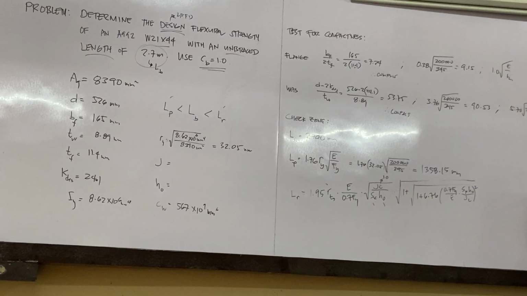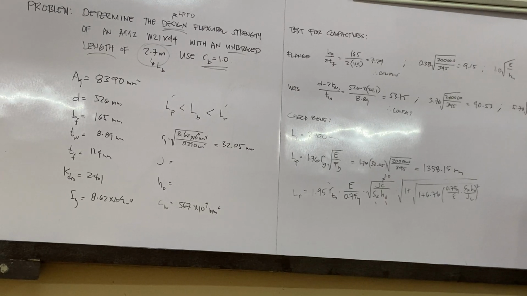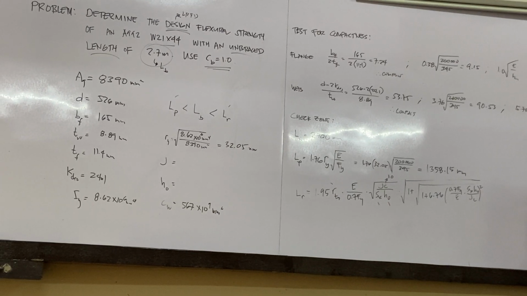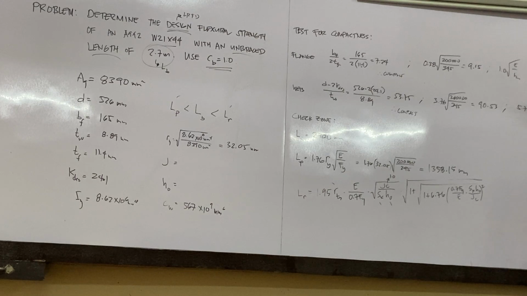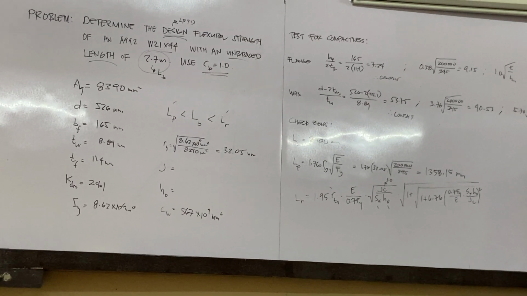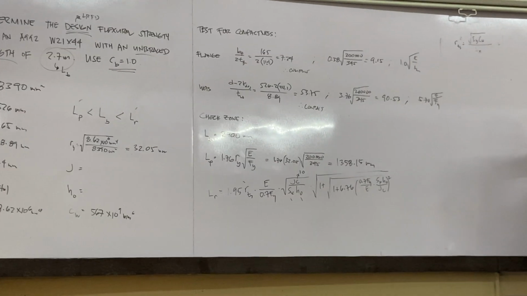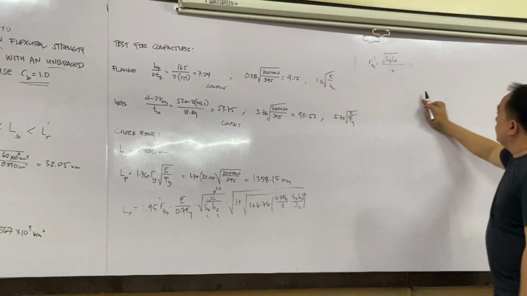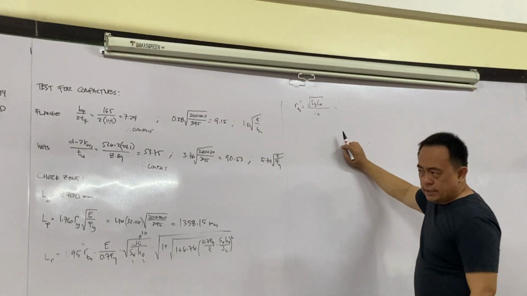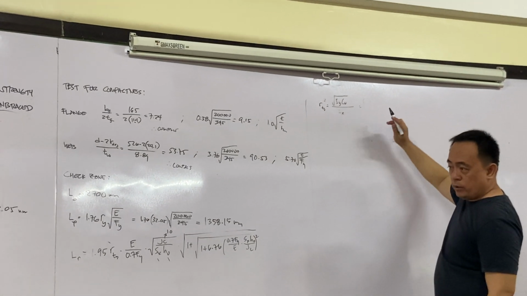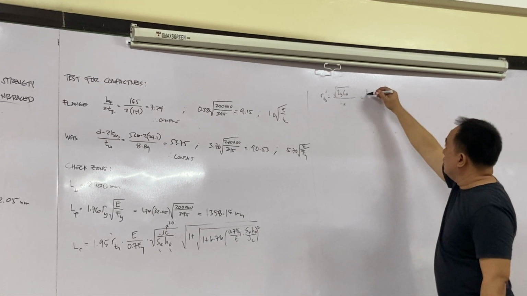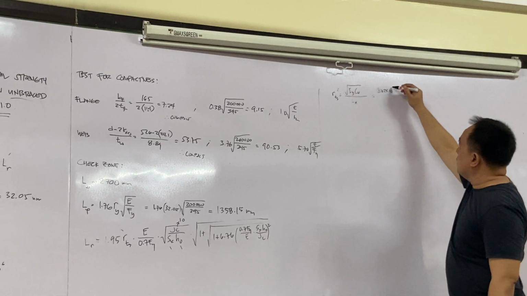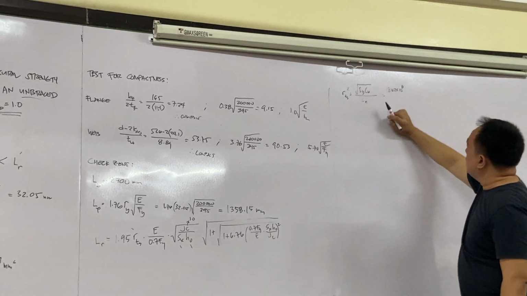Okay, so we have here IY. The unit is mm to the 6. IY there is 8.62 times 10 to the 6.